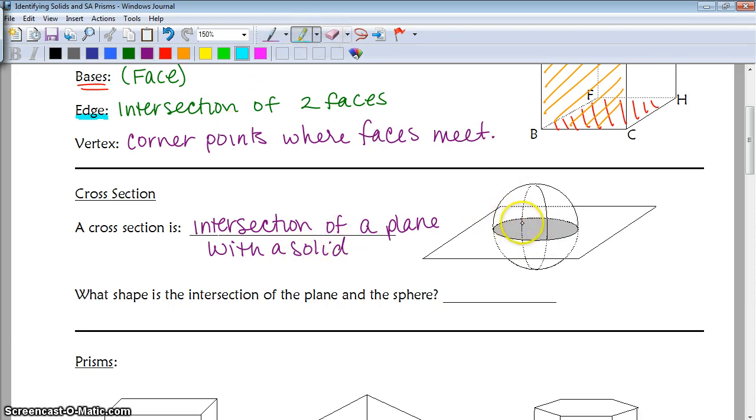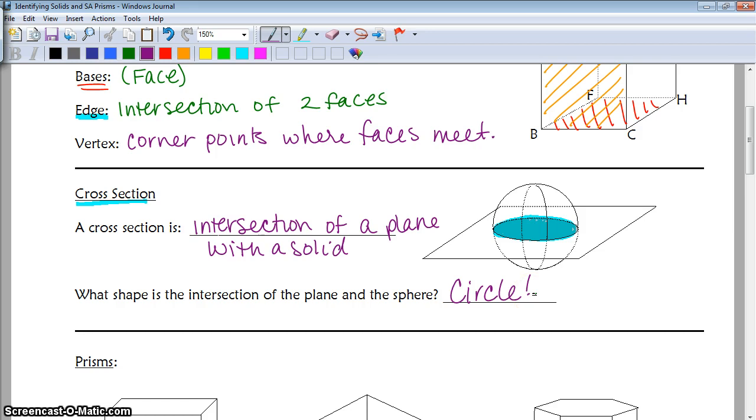I'm going to highlight it. If you take this plane and slice it through the sphere, the cross section is what I'm highlighting in blue here. In this case, the cross-section of a plane and a sphere is a circle. Now, it doesn't always have to be that way.